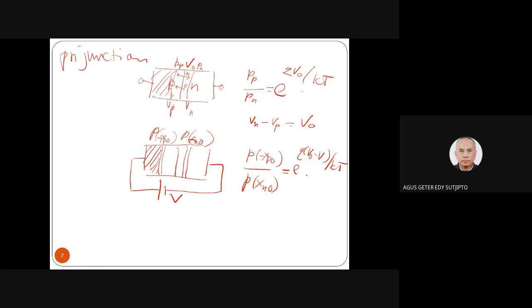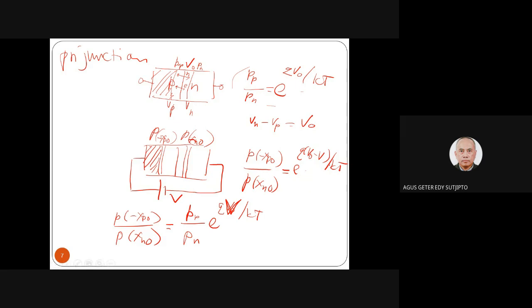There are two components, p over pn, in this equation, so we can rearrange it, because we have the component V0 here, the exponential of q phi 0 over kT, right?